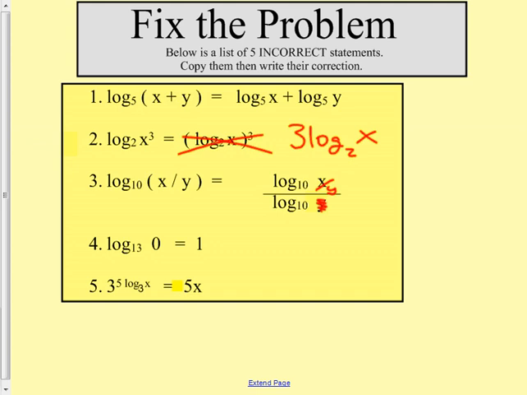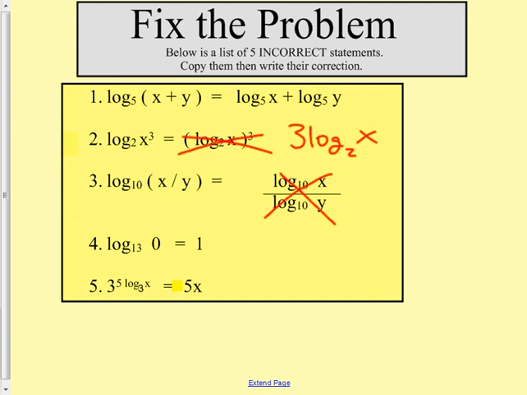It's log of x over y, sorry, over log of 10. But that's kind of cheating because what is log of 10? It's log base 10 of 10, right? And what's log base 10 of 10? It's 1. So it's basically just dividing it by 1. So, all right. Well, it definitely isn't what they said it was.